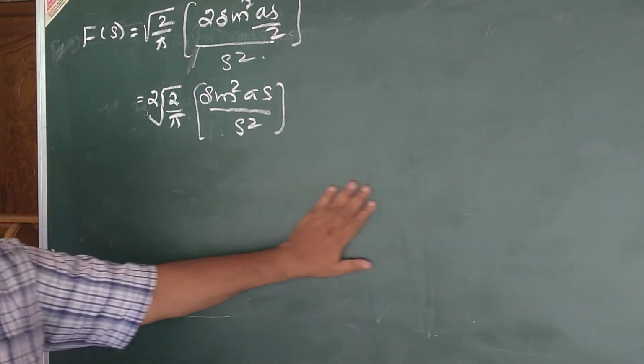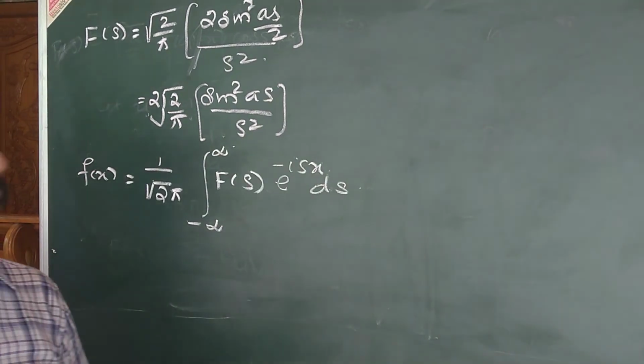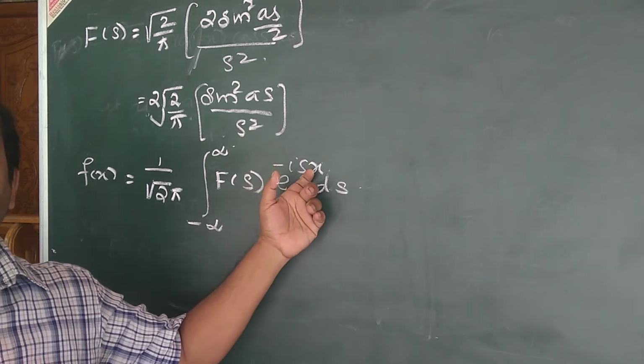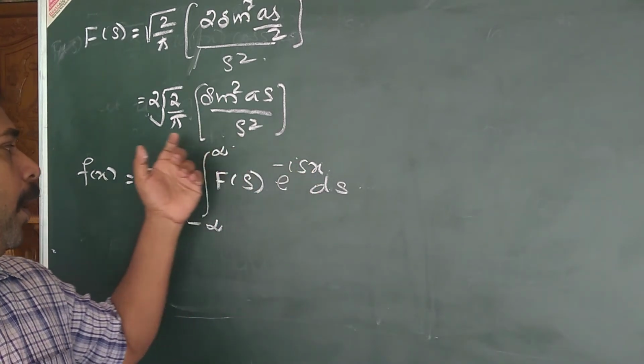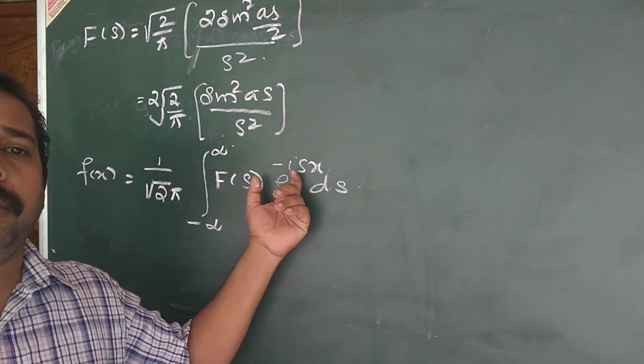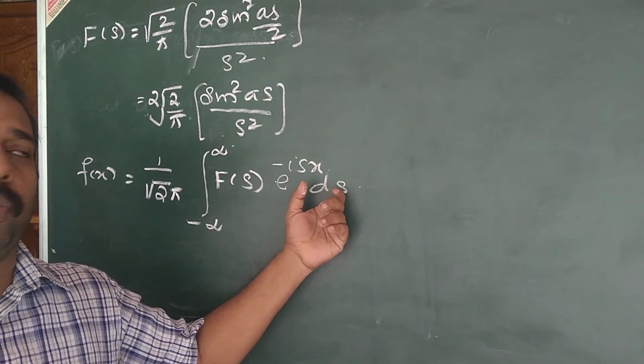Now we have to find the inverse Fourier transform. For the Fourier transform we use e raised to isx, and for the inverse transform we use e raised to minus isx, and integration is with respect to s only.